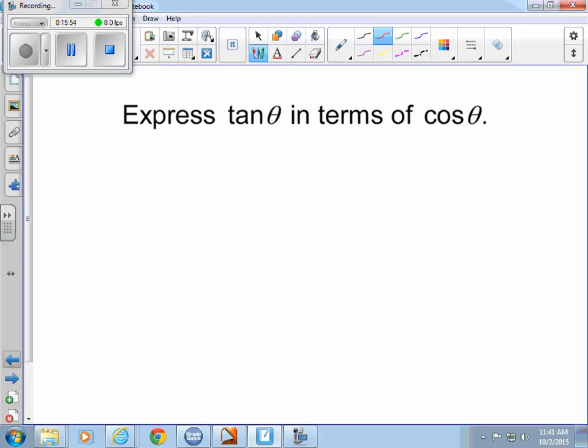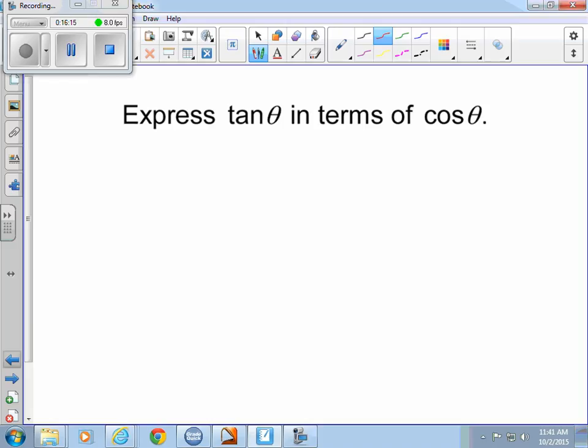Okay, express tangent of theta in terms of cosine of theta. What this means is if I have a tangent expression, I want to rewrite it where it only has cosine. So instead of tangent, I want cosine. Well, what is the equation that would even relate those two things together?